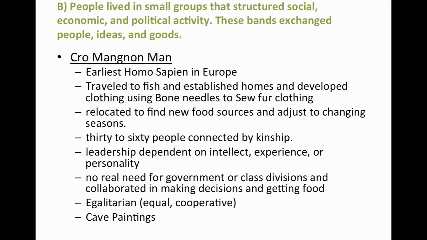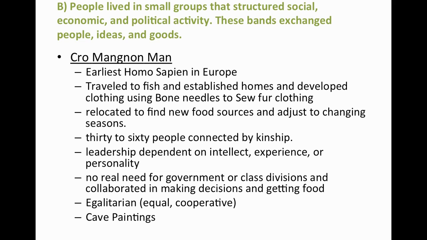This group of humans, they were travelers, they were nomadic. They would establish homes, but depending on the seasons, they would maybe move to warmer climates. They used bone needles to sew fur clothing. Again, small groups, so there'd be 30 to 60 people in a kin or a clan.